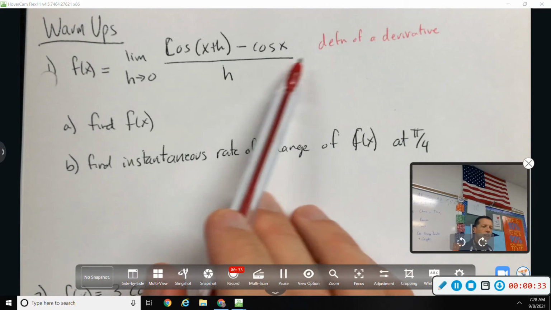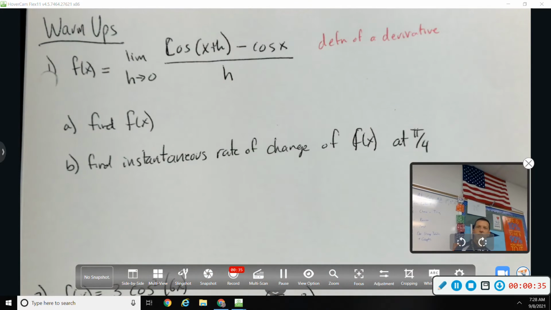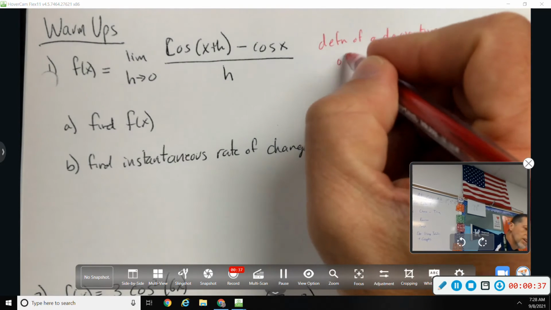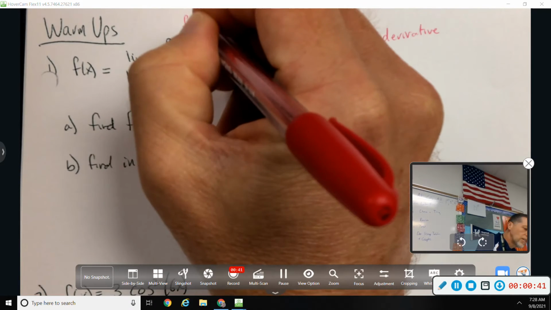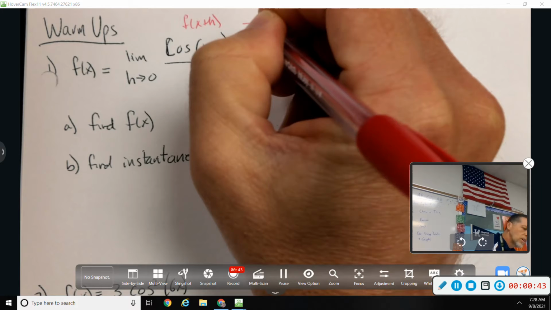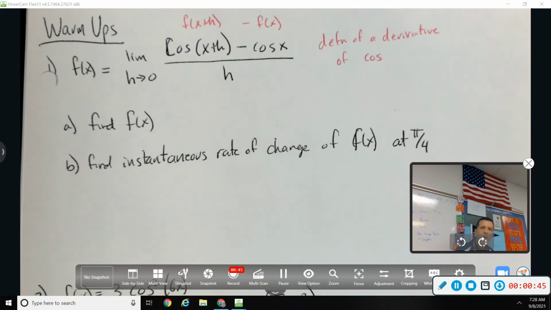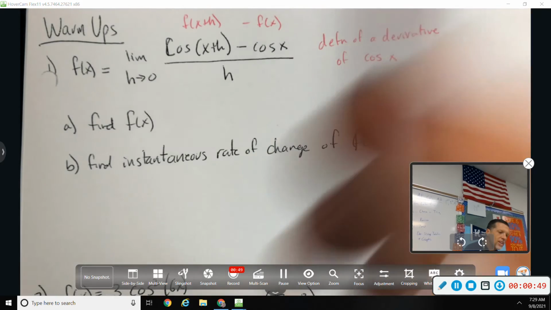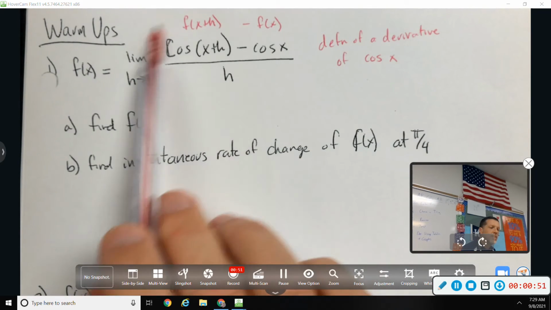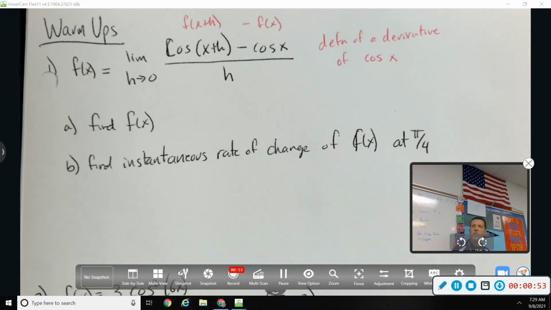What is it taking the derivative of? Of cosine. Right? Because usually it's f of x plus h minus f of x all over h. So this is the definition of the derivative of cosine.